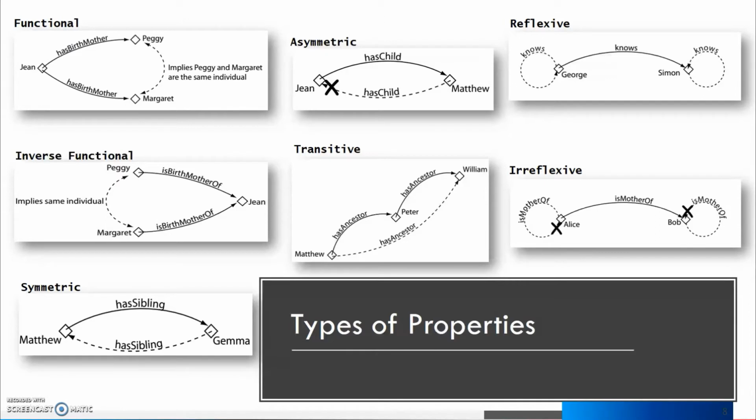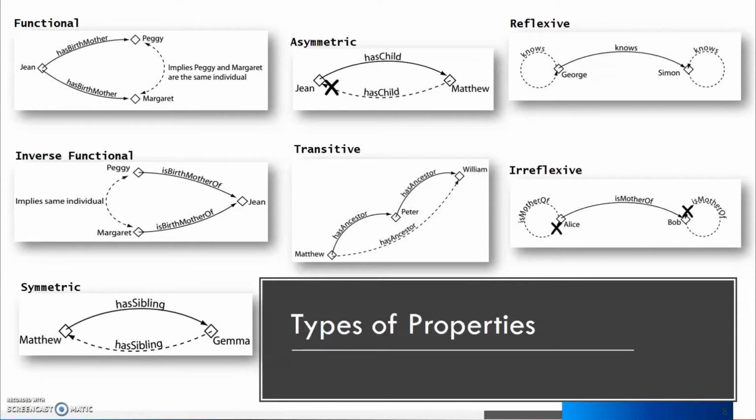Then the fourth property kind is symmetric. It says that if a property P is symmetric and the property relates individual A to individual B, then individual B is also related to individual A via property P. And property P is said to be reflexive when the property must relate A to itself. For example, we have a property knows over here.